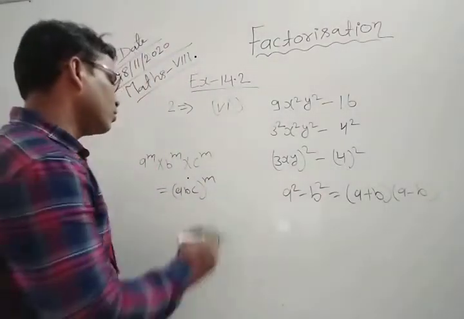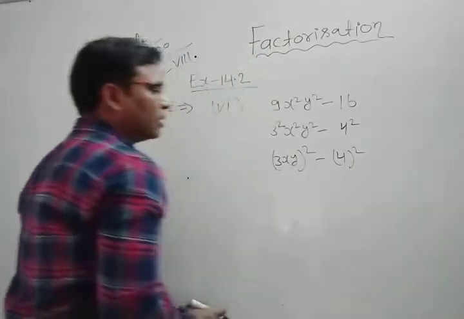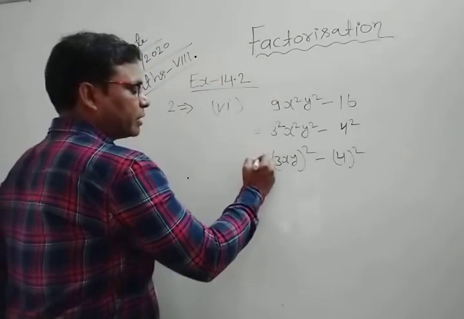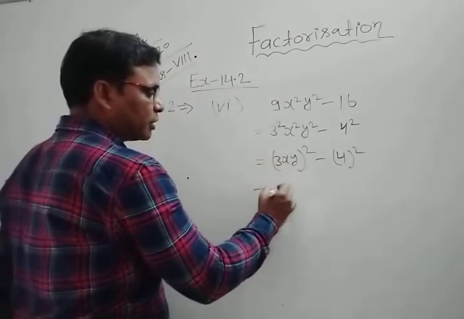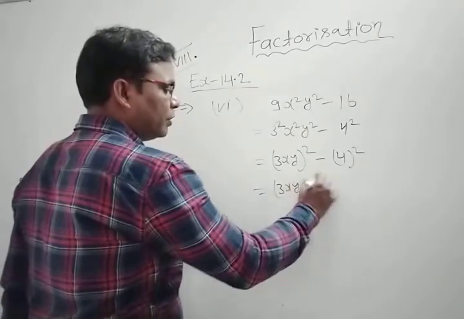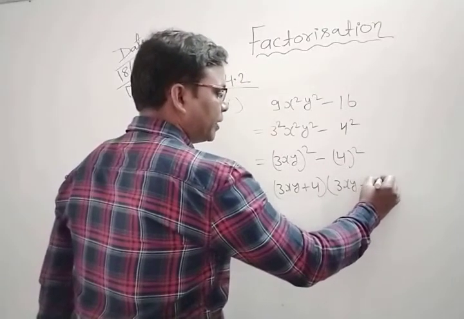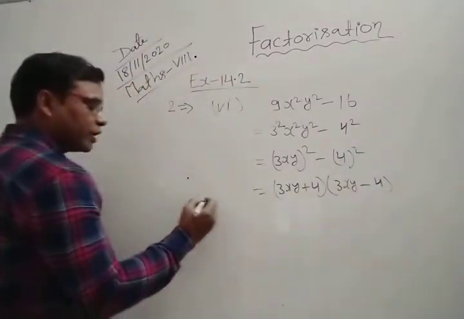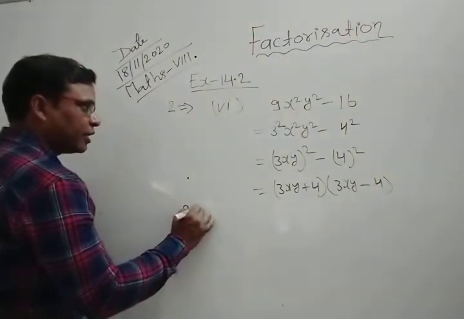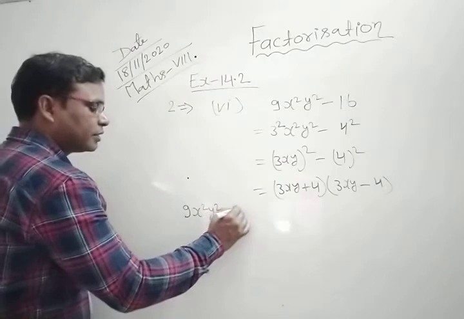Okay. So if we apply this third identity to the given expression, it becomes 3xy plus 4 into 3xy minus 4. So here you can see, you find the factor of 9x square y square minus 16.